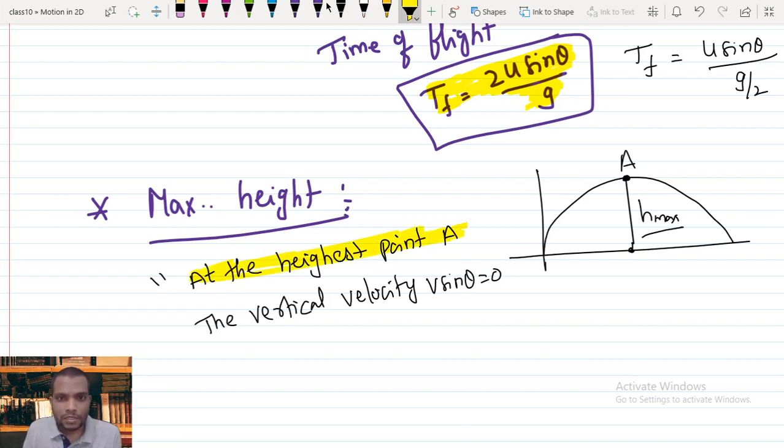We already observed that in the simulation, and it is a very key point in projectile motion. At the maximum height, the vertical component of velocity equals 0.